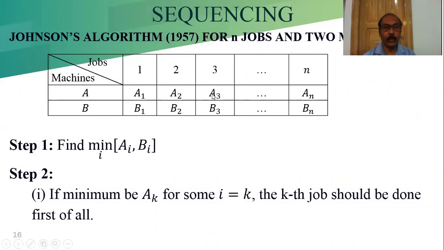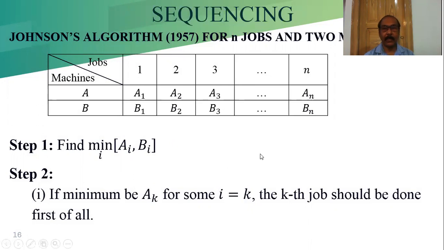Which one is the minimum? We have to mark it. First, write it and mark it in the table. Then second, the minimum may occur on machine A and may occur on machine B.